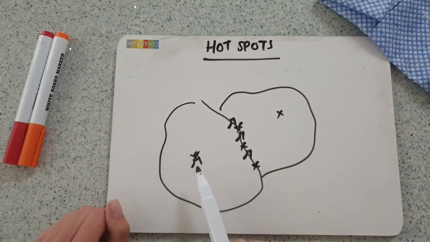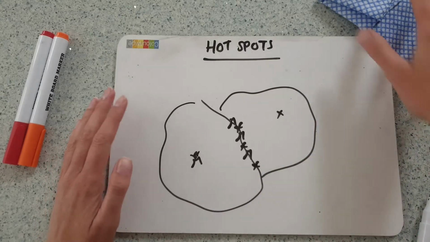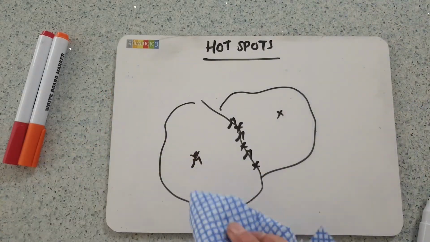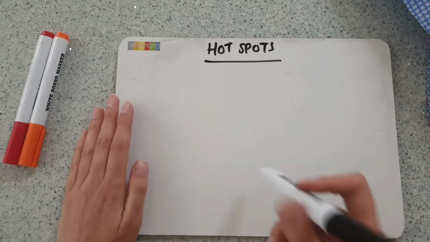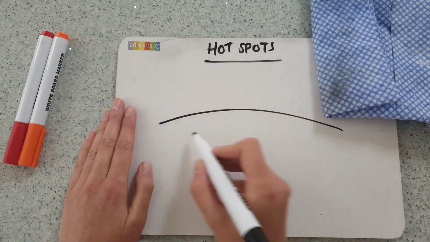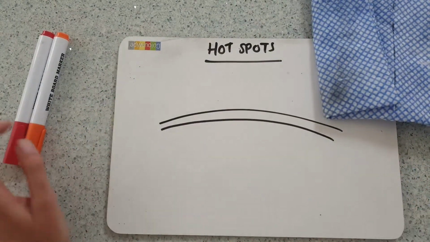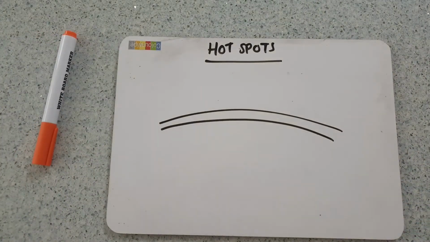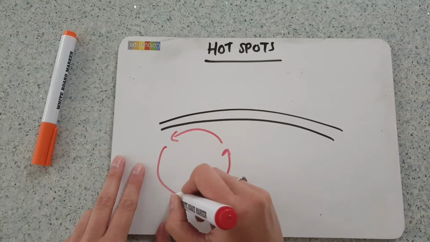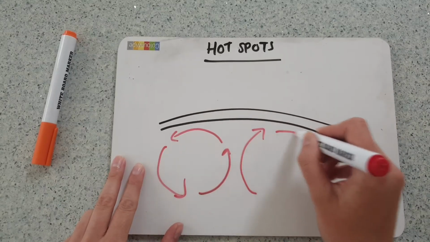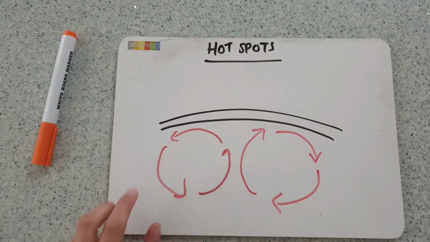But volcanoes, we very much know what is going on with these, and we call them hotspots because, as the name suggests, they are spots of extra heating. So if we were to look underneath, we've said so far that we have these convection currents going on underneath in the mantle.